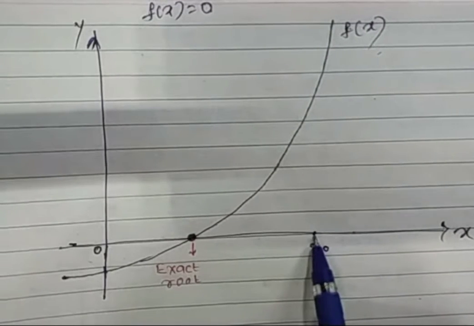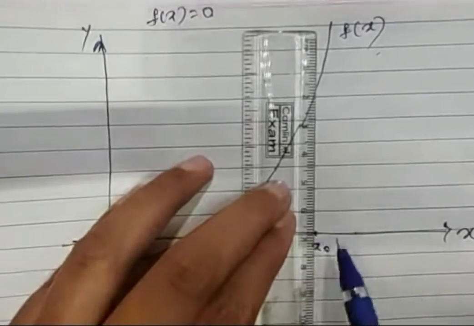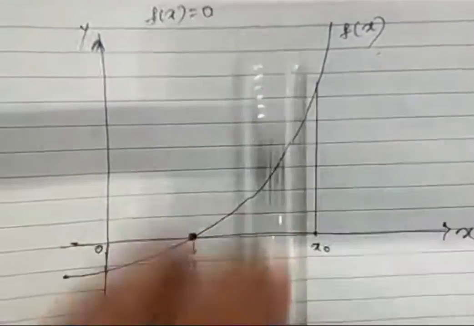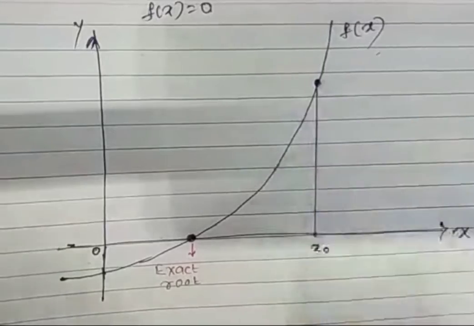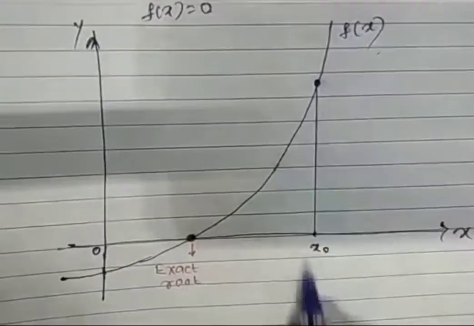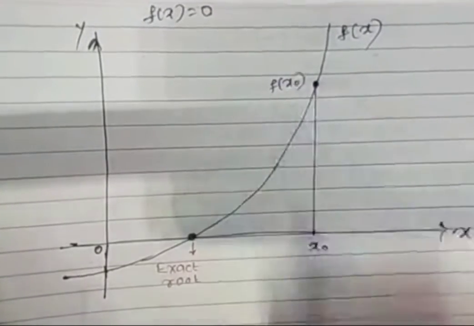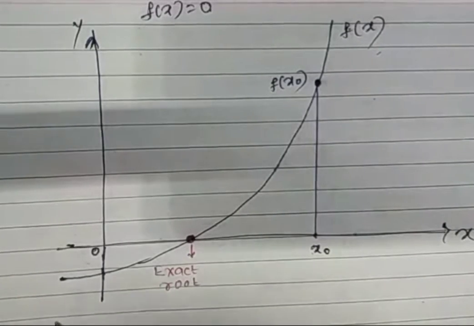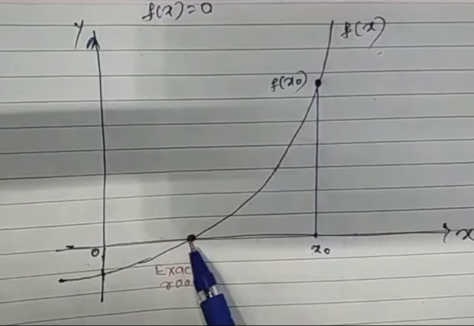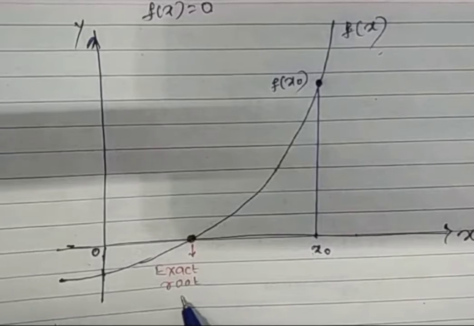From this x naught we need to draw a straight line up to the curve, and x naught meets the f(x) graph at this particular point, which will be f(x naught). So we have one function f(x), and this curve touches the x-axis at this point, which is the required exact root.